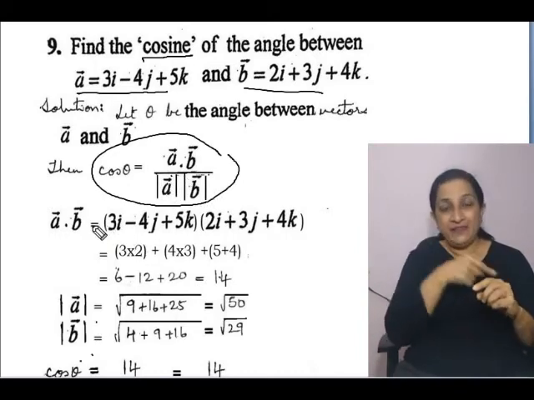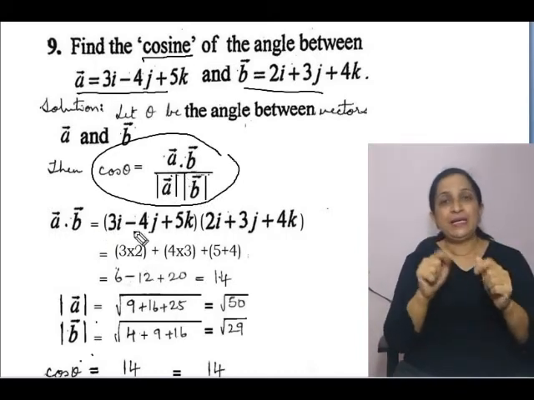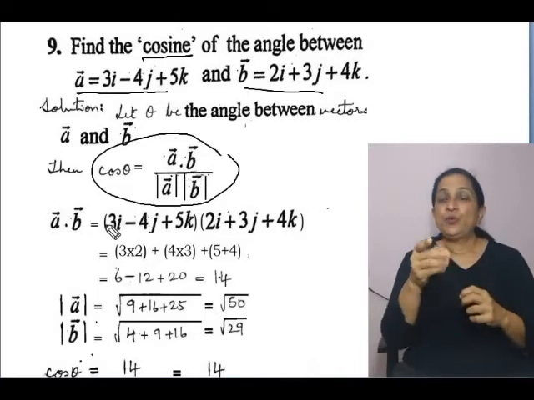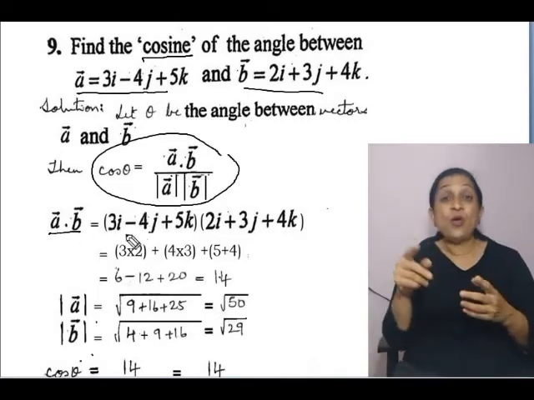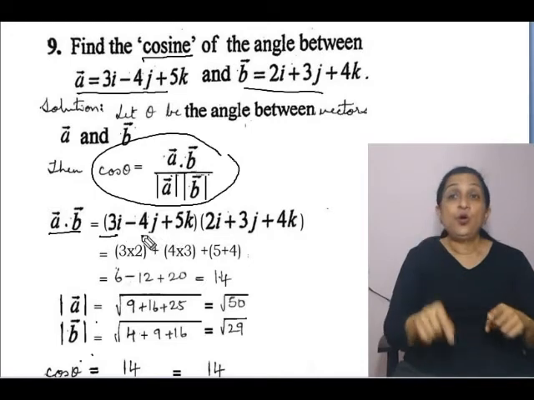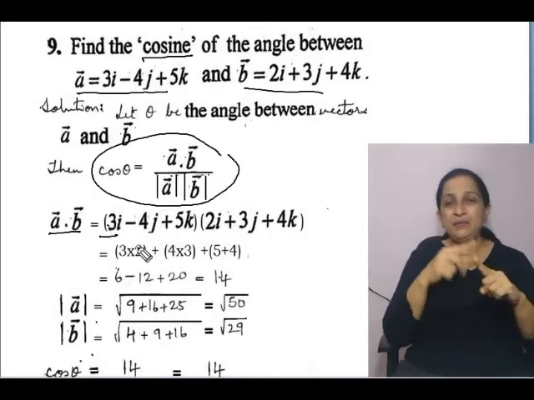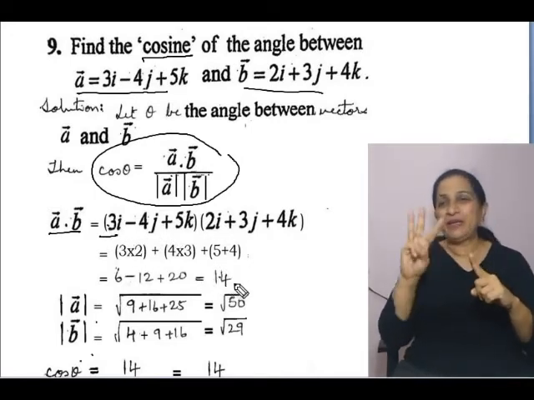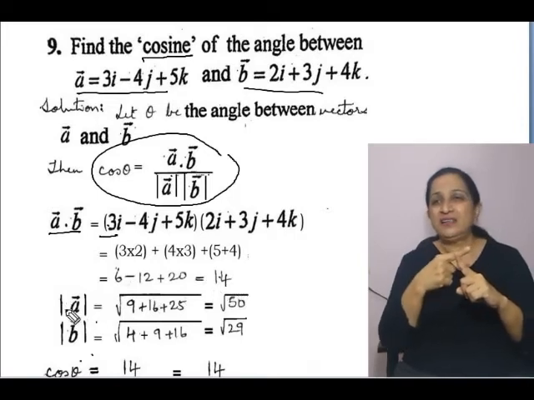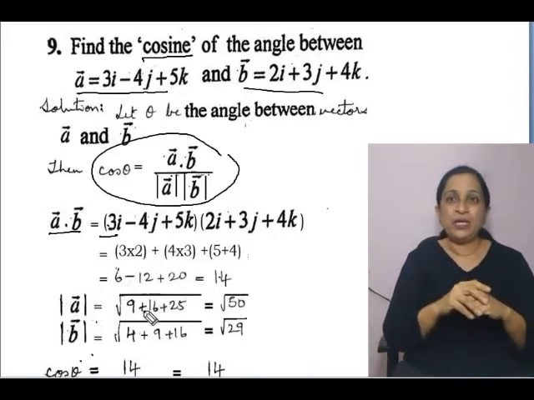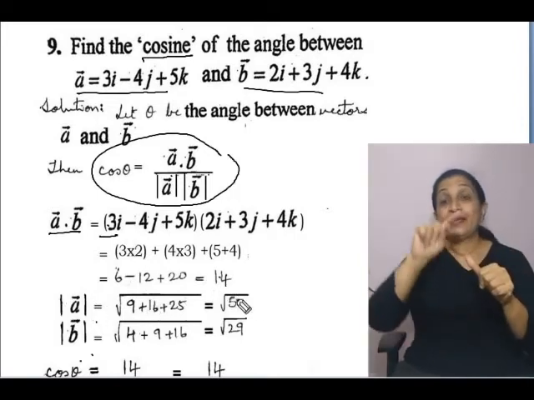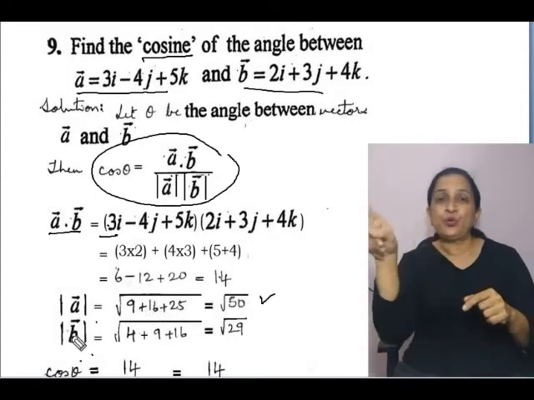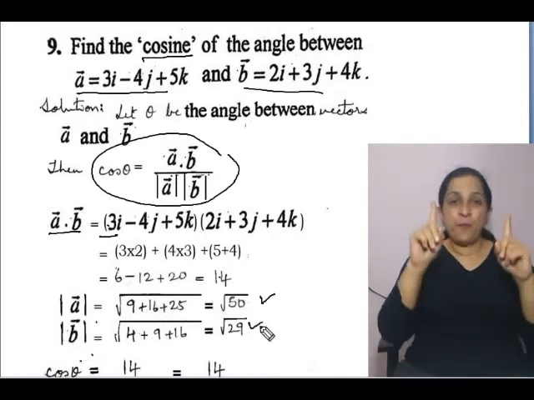The product of the vectors is nothing but the product of the associated components, that is 3 into 2 minus 4 into 3, like that, it becomes 14, and the modulus of A is given by the square root of this sum of squares, so this becomes root 50. So the modulus of B becomes root 29.